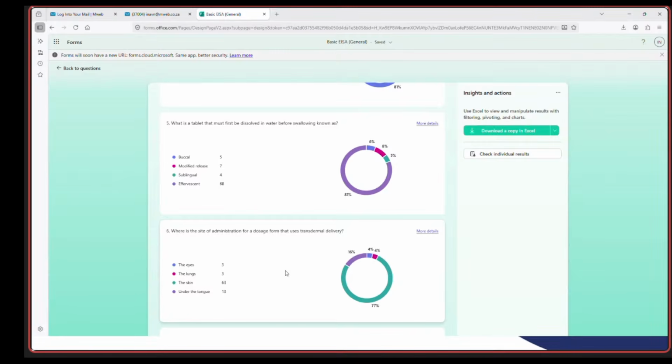So that will be then the correct answer. That dosage form will be administered using the skin as a delivery system. 77% of you had that one correct. That is also a definition. So if you look at the definition of transdermal, you will get to the skin. That is a knowledge question.